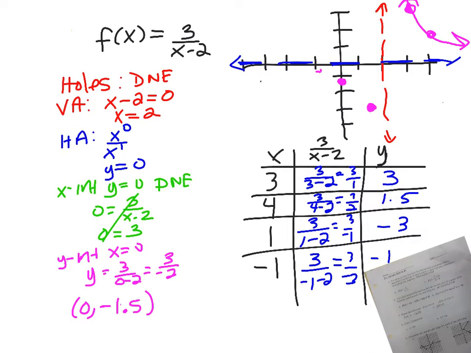And -1 is -1. So it's coming around here like this. Make sure you go through your points, put your arrow. Make sure you don't hit your intercepts, okay? All right, next one.